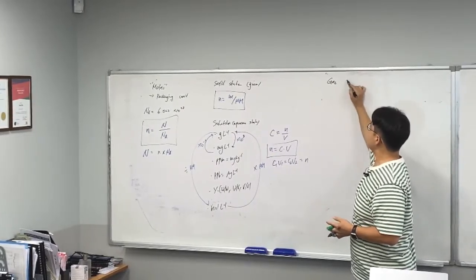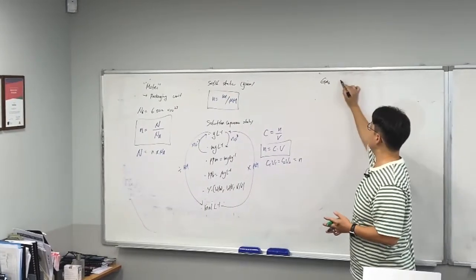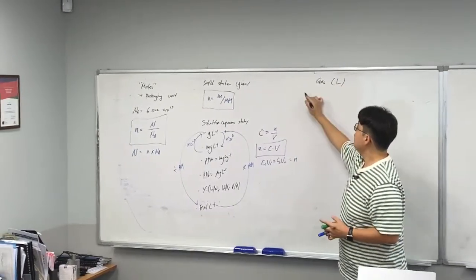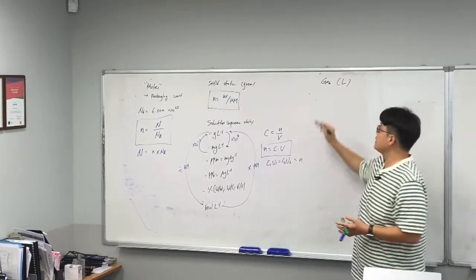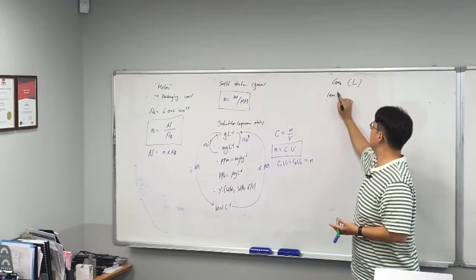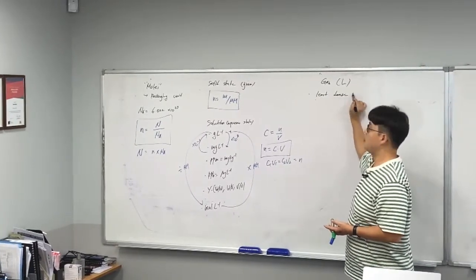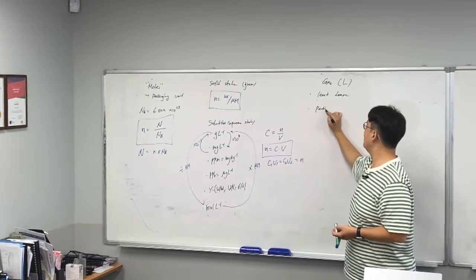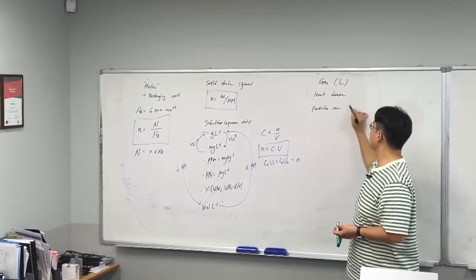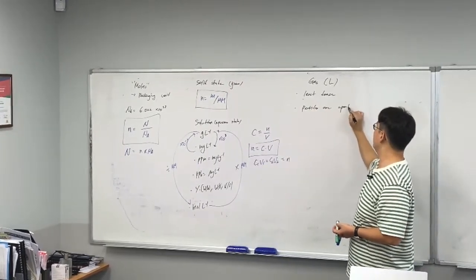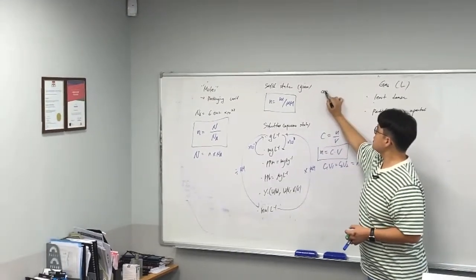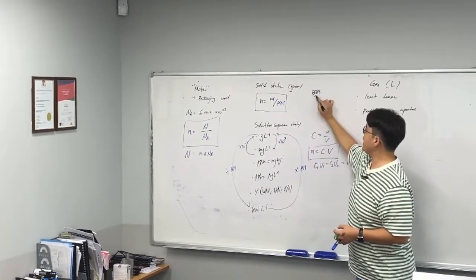Gas state is measured in volumes, in liters. We believe that gas is the least dense, which means that the particles are parted further. In a solid state, the particles are packed together.